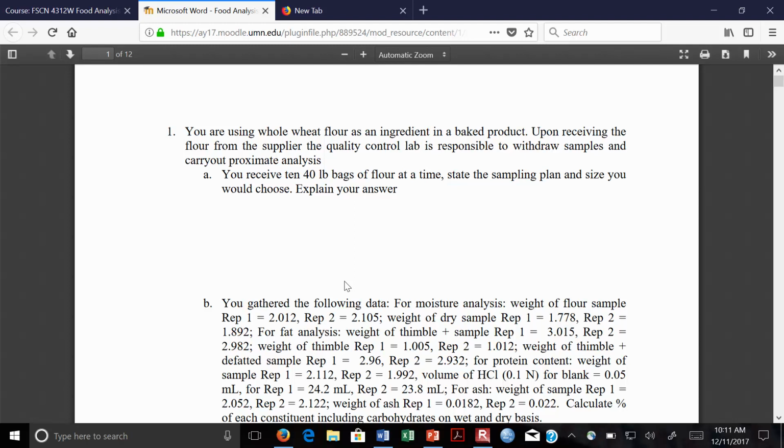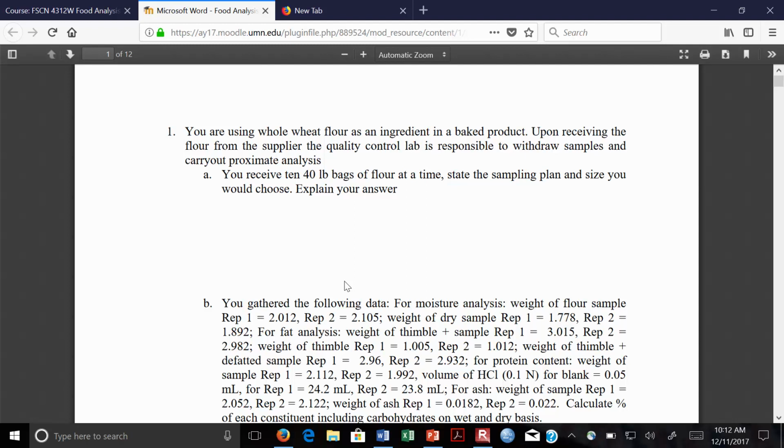Okay, so C, to determine iron content, would you use the ash obtained from dry ashing, or would you rather follow a wet ashing procedure? I'd say dry because it's not volatile. Iron is volatile. Yes, so iron is volatile.